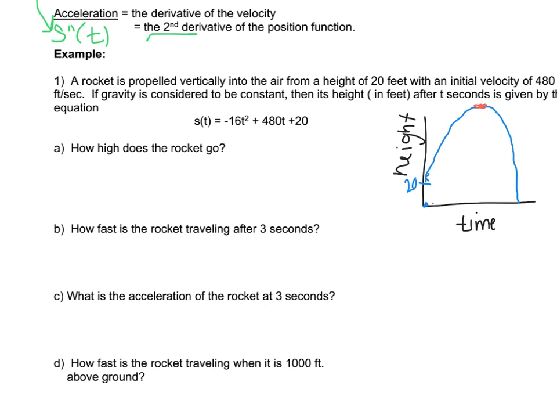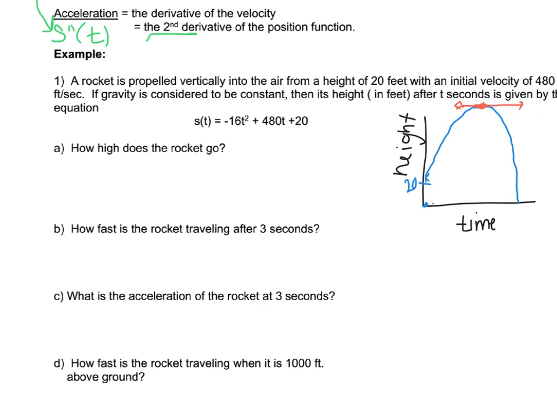So we know something about the slope, the instantaneous rate of change, right here at the top. The slope of the tangent line, which is the derivative, is horizontal right there, which means that the derivative would have to be 0 at that point.